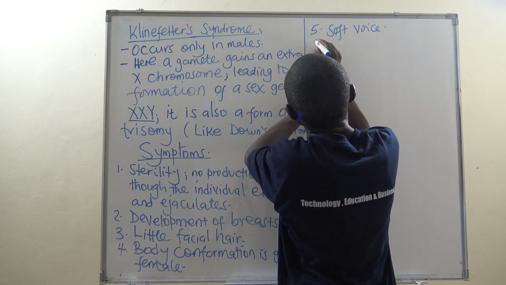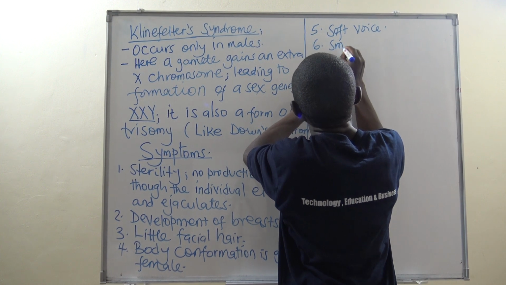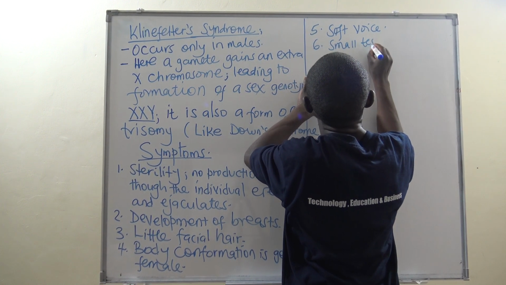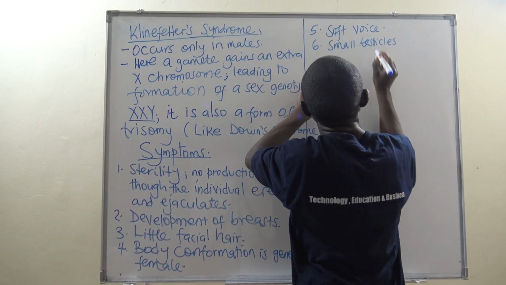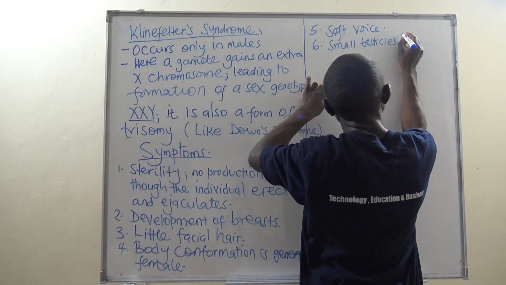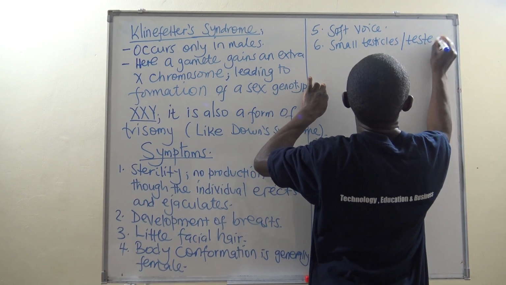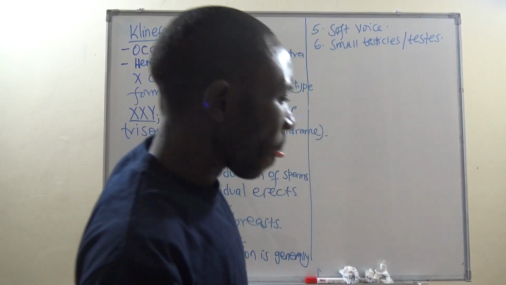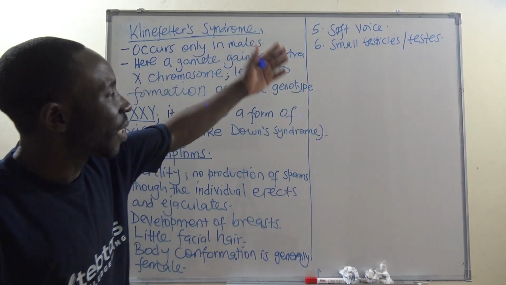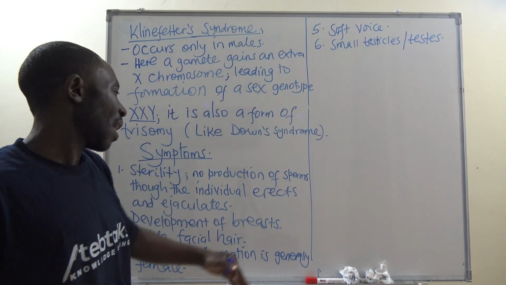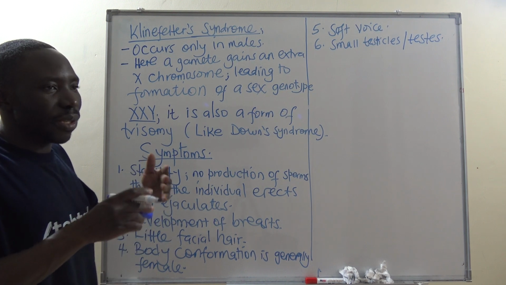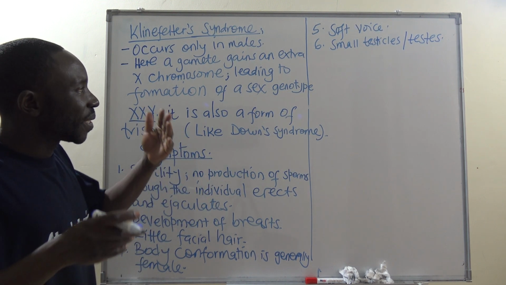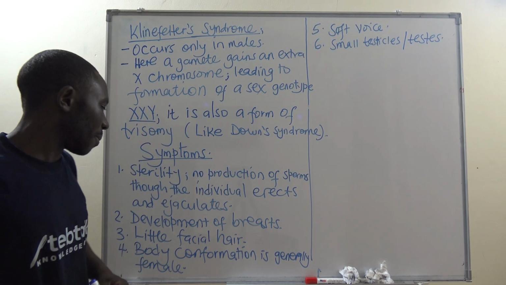Then 6, small testicles or tests. The individual has small testicles or tests, and of course that is one reason why there is failure of the tests to manufacture the sperm cells.